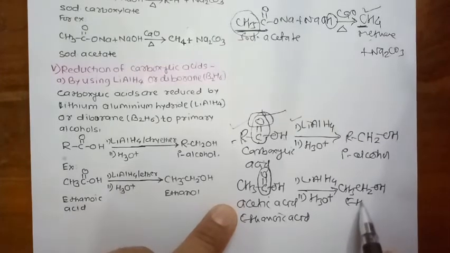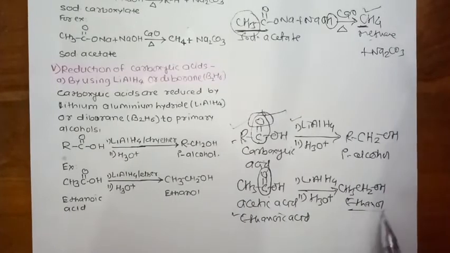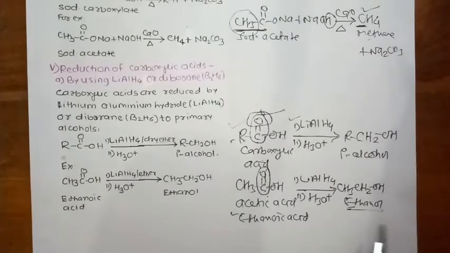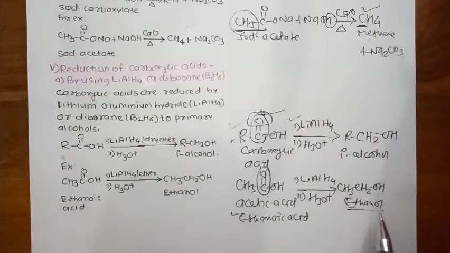It is ethanol. How will you convert ethanoic acid into ethanol? Such a type of question may be asked in the examination. In this way, we can convert carboxylic acids into primary alcohols.